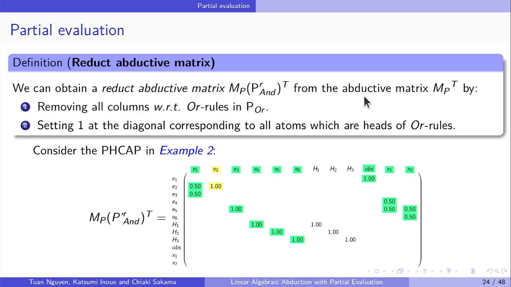We can obtain the reductive abductive matrix by simply taking the abductive matrix and removing all the columns with regard to all rules in the program, and setting the one at the diagonal corresponding to the head of the rules. So for example, in the pivot's rule, we have E2 here, we have X1 and X2, but now we remove that value here and we set 1 here.